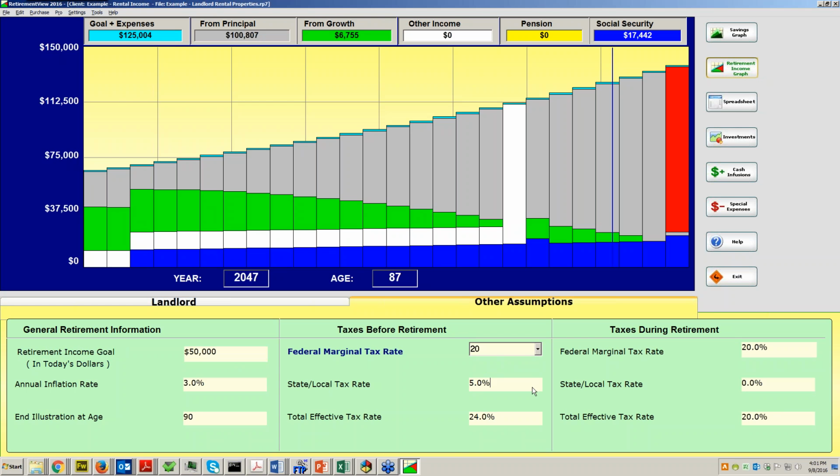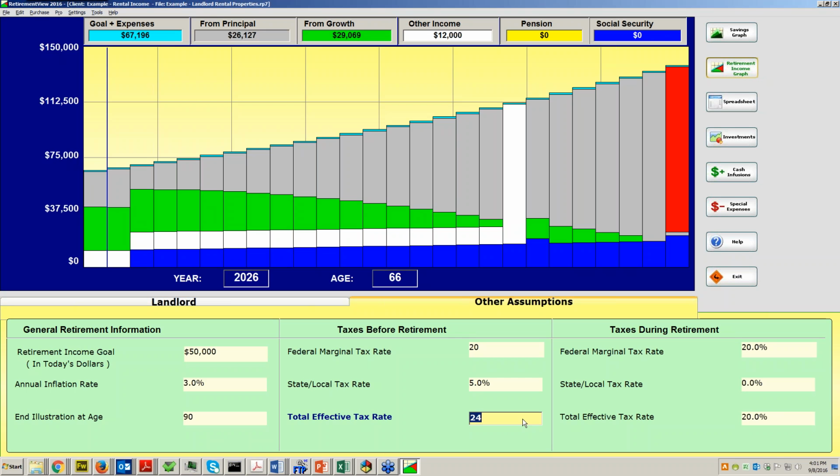Another common question that comes up is about the tax rates. We have federal marginal and state and local tax rates, which in our program triggers a miniature calculation for an effective tax rate. You don't pay federal taxes on your state taxes, so it's not quite the sum of the two. However, a true effective tax rate you would have to calculate outside this program.